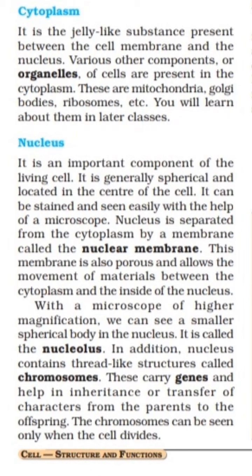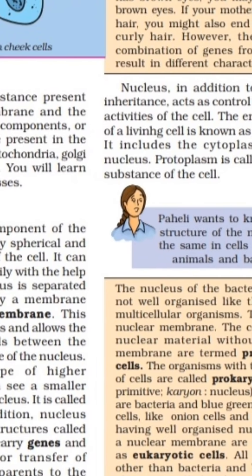These carry genes and help in the inheritance or transfer of characters from the parents to the offspring. Offspring, अपत्य, जे बाळ होतं ते. The chromosomes can be seen only when the cell divides.